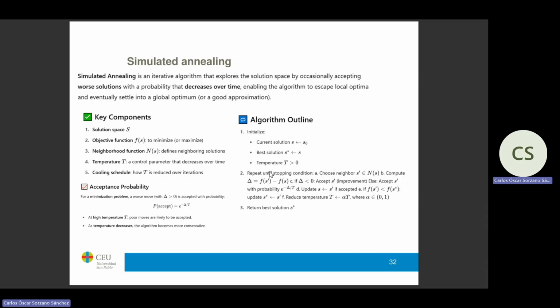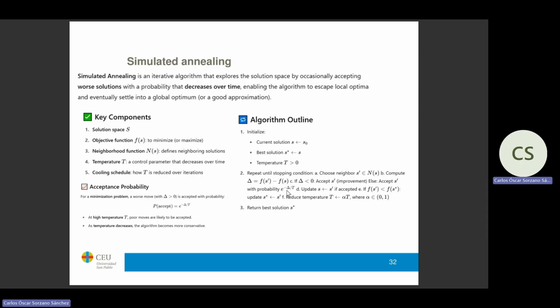Is the new state better or worse than mine? We are minimizing here, so if it is better, then I keep it. I always keep better solutions. But if it is worse, I will accept it with this probability.